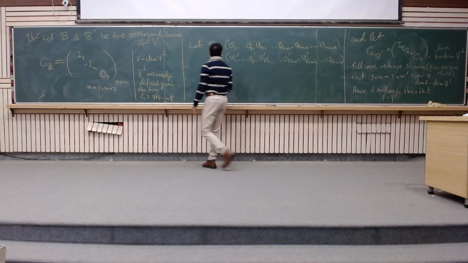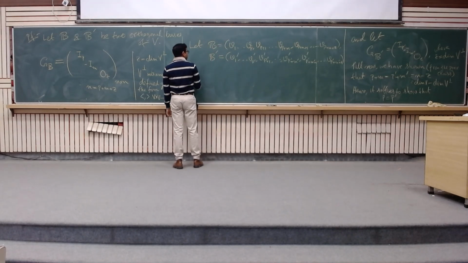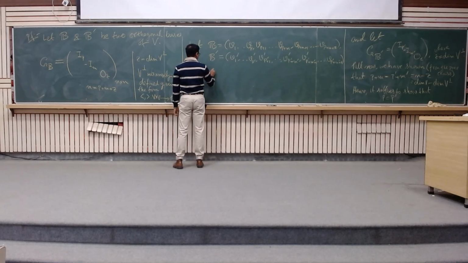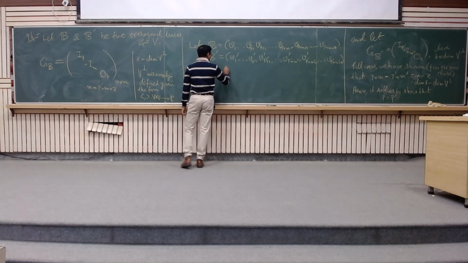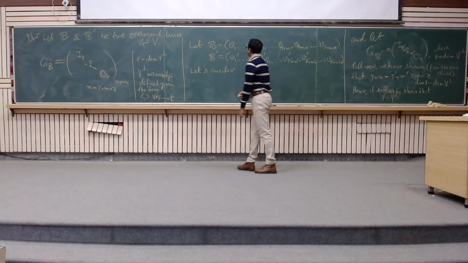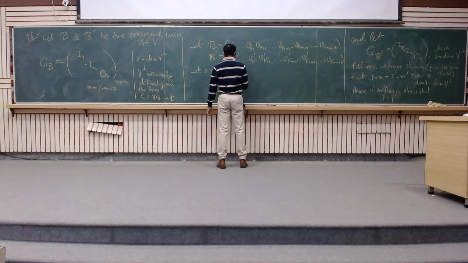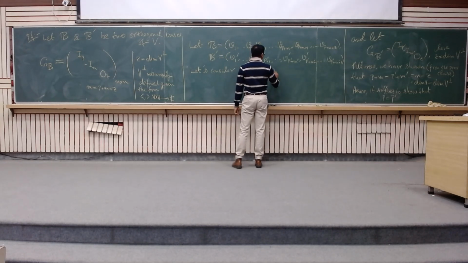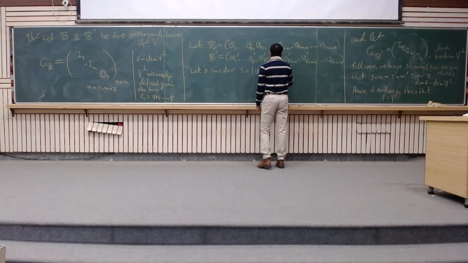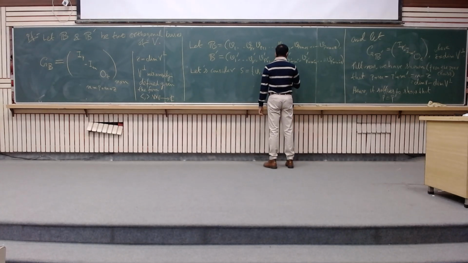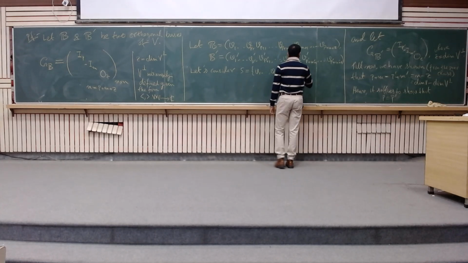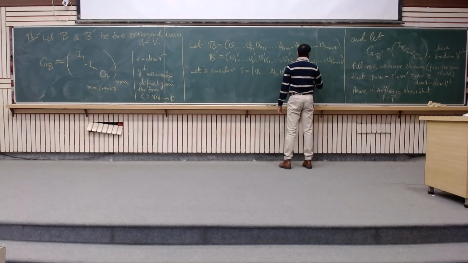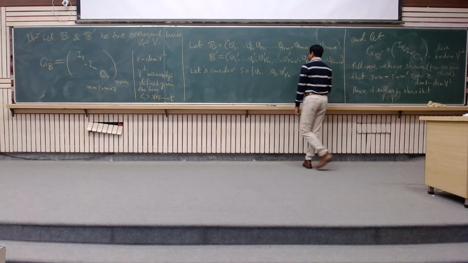Now let's consider this set. Let's consider S, which is V1 dot dot dot VP and V dash P dash plus 1 dot dot dot V dash P dash plus M dash.